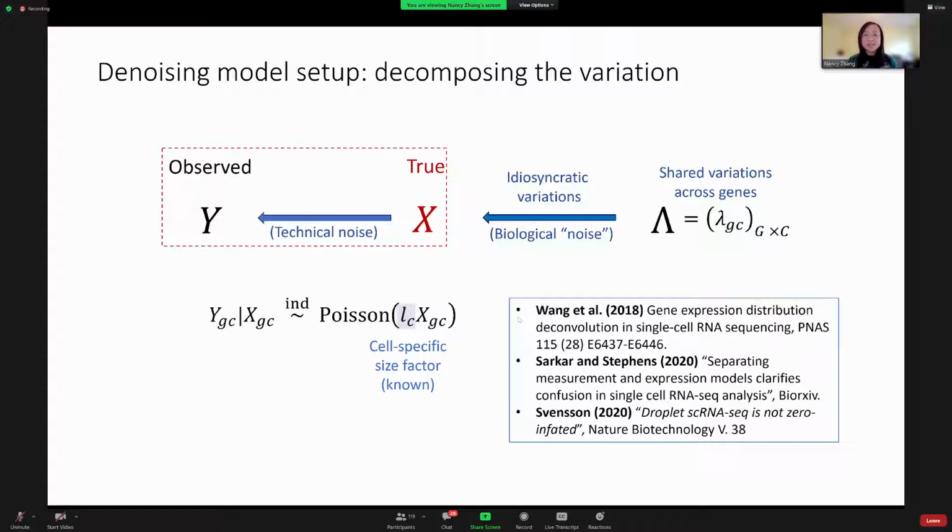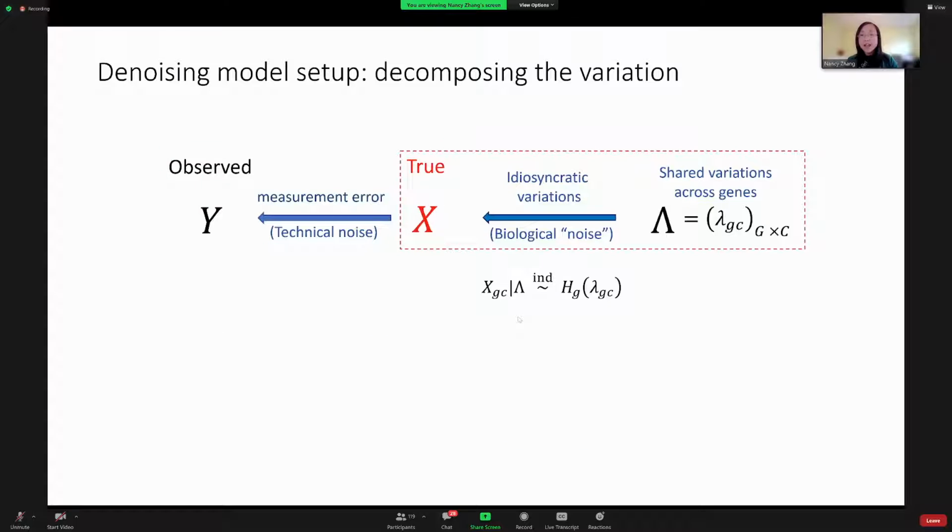And that's this long arrow. And then, what is the distribution that relates X to lambda? I don't know what is a good distribution for that biological noise. So we're going to model that non-parametrically.